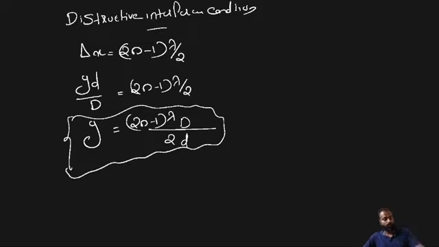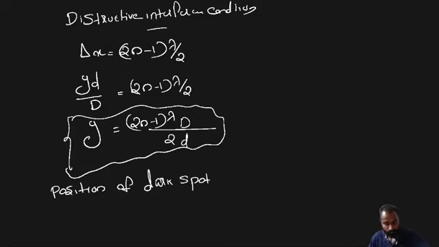So y is equal to (2n minus 1) lambda D by 2d. This is the position of the dark spot. Here also n can have value 1. That will be the first dark band.